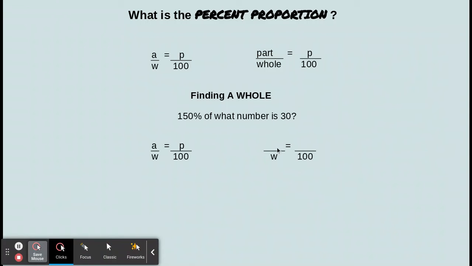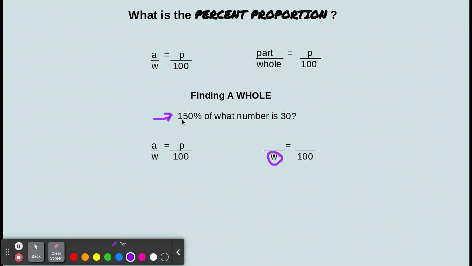Okay, and the last thing we can use the percent proportion for is to find the whole. So in this question here, 150% of what number is 30? Well, again, we're trying to find the whole, and they told us what the percent is. It's 150.